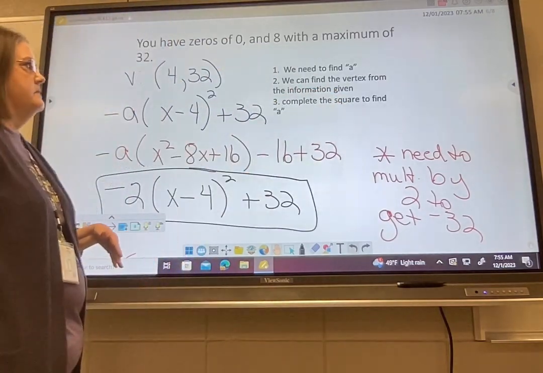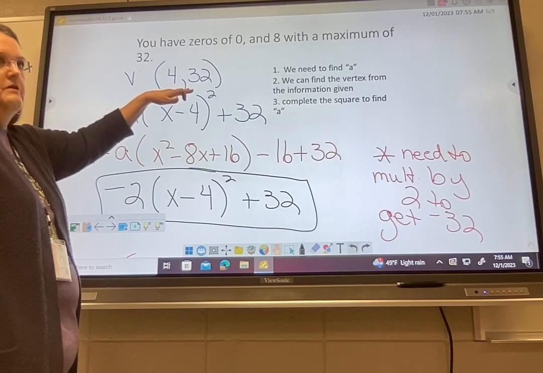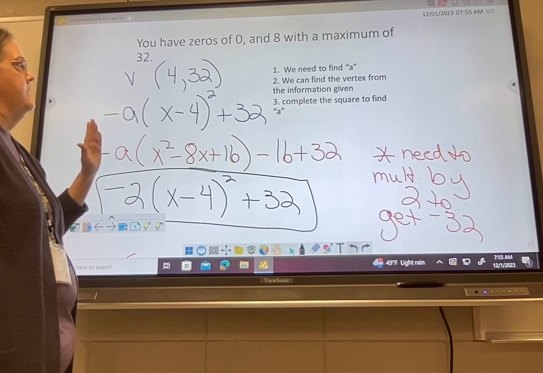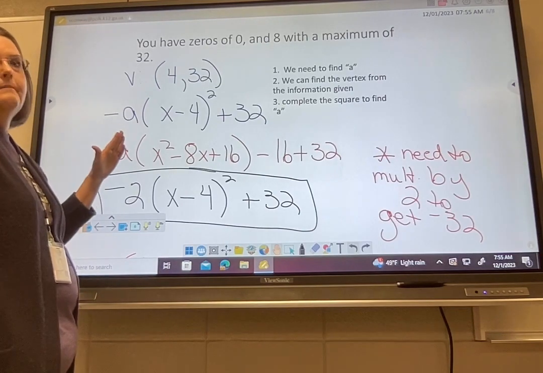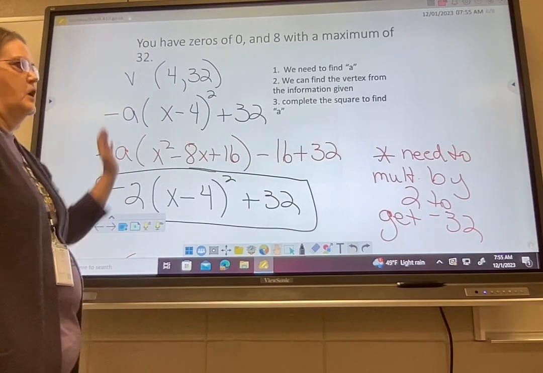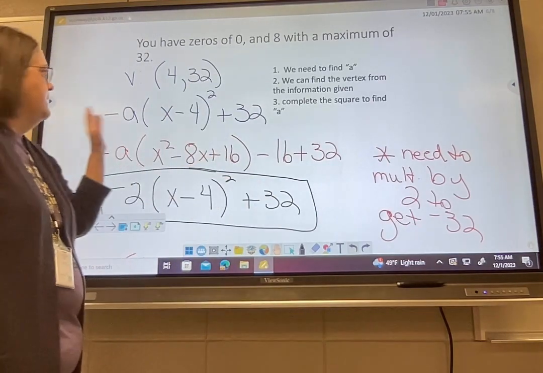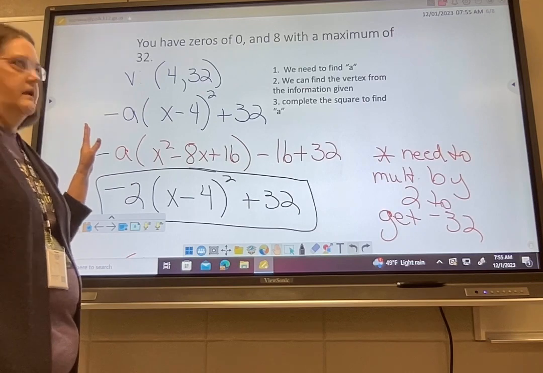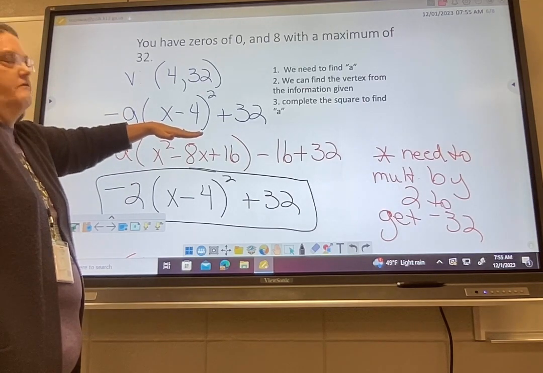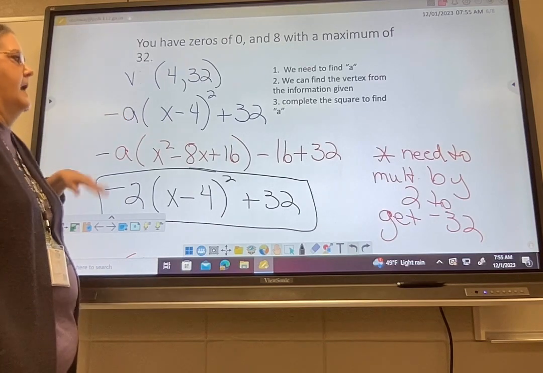The vertex is (4, 32), so we found that information. And we know that this one is going upside down because it has a maximum. Remember, if it opens downward, then the a has to be negative. I know that just from using that formula, but I'm hunting a.